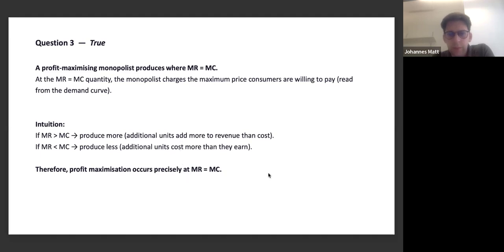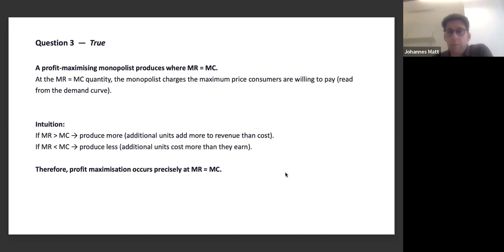There's a question from Youssef. Wouldn't it be more profitable for a firm to produce when the marginal revenue is greater than marginal cost? Exactly. That's exactly the logic that we were talking about. As long as your marginal revenue is larger than your marginal cost, you're earning more than it costs you to produce, and therefore you want to produce more.